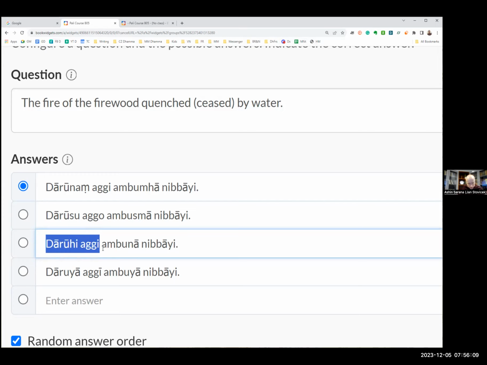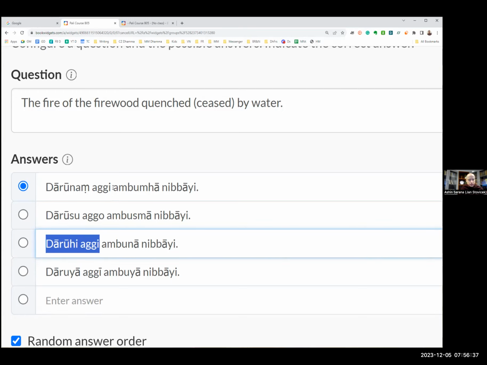It could be daruhi like from, but fire doesn't come from the wood. It's the fire of the wood. It's the fire related to the wood. So it must be darunang aggi.